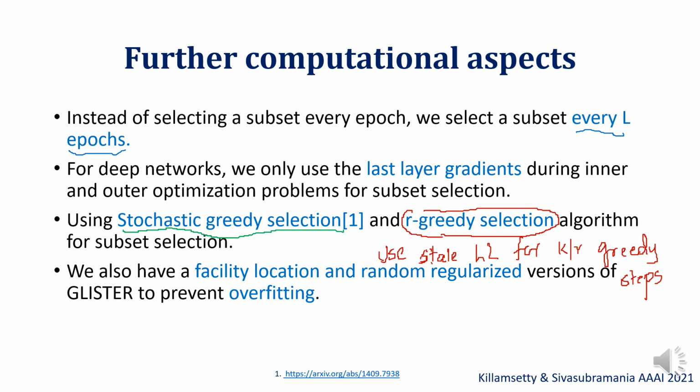This is precisely one of the engineering tricks we use, where we recompute the validation log likelihood only r times instead of k times, and use stale log likelihoods for the k by r greedy steps.